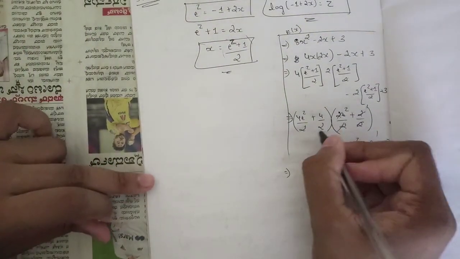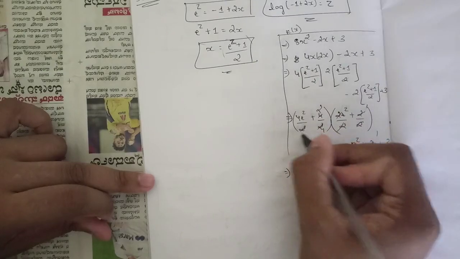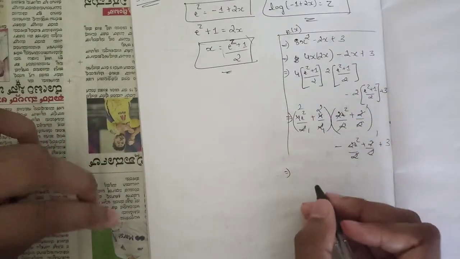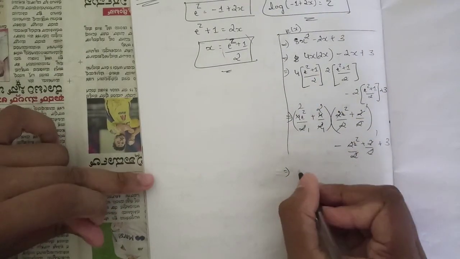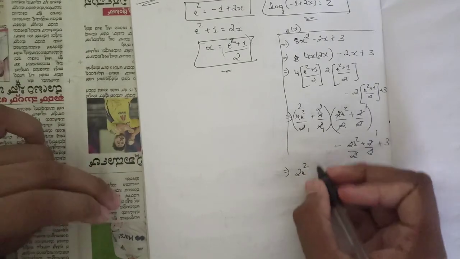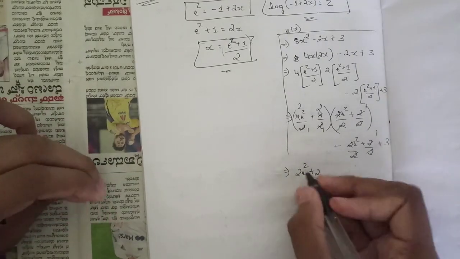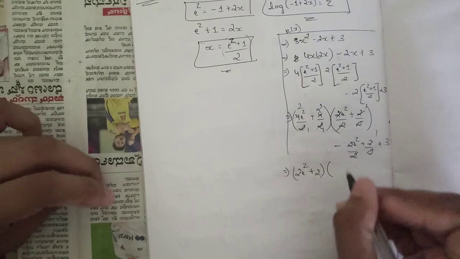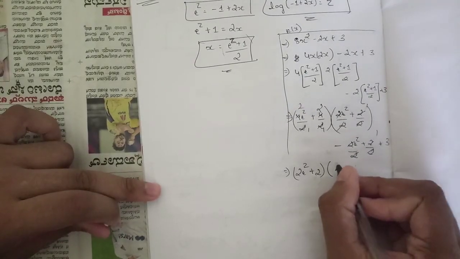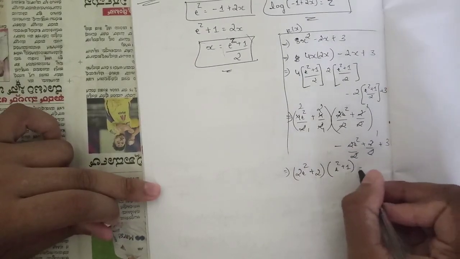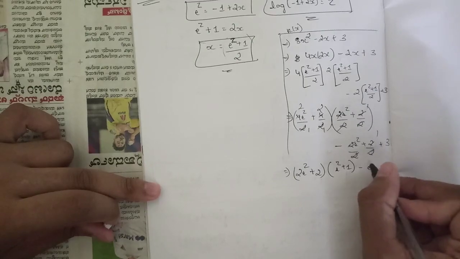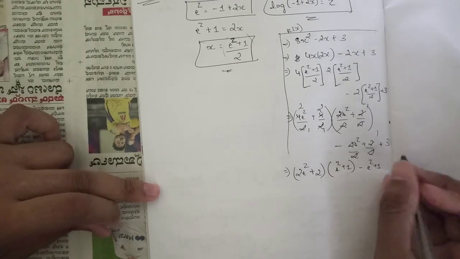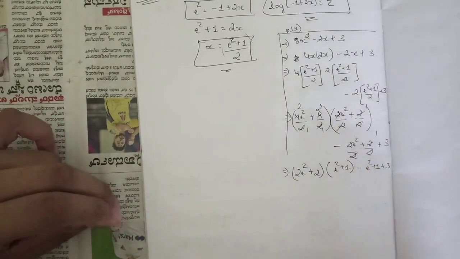So the left out terms are 2(e^z + 1) into (e^z + 1) minus (e^z + 1) plus 3.